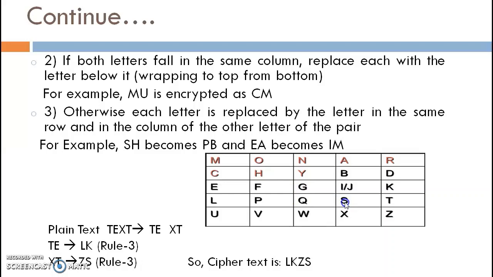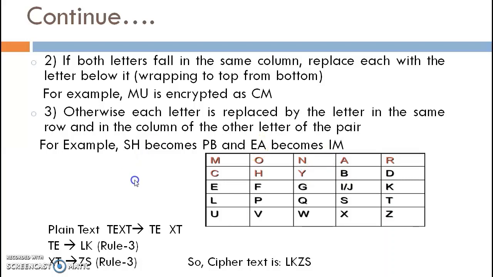So for the first letter S, we go along the same row of S until the column of the other letter is found, and the intersecting point, P, is the first letter of the ciphertext. In the same way for the other letter H, go along its row up to the column of the first letter, giving B. So SH is replaced with PB. In the same way, EA becomes IM.